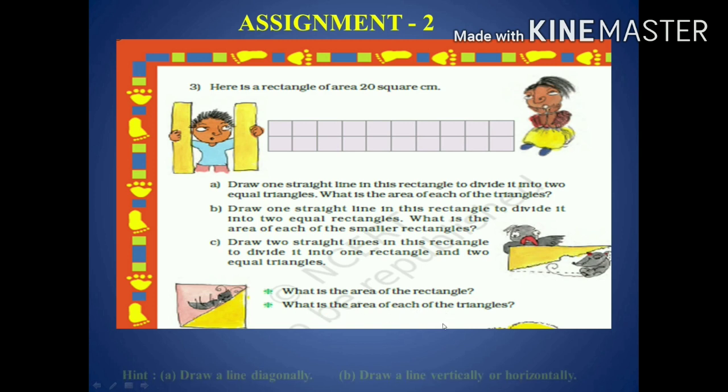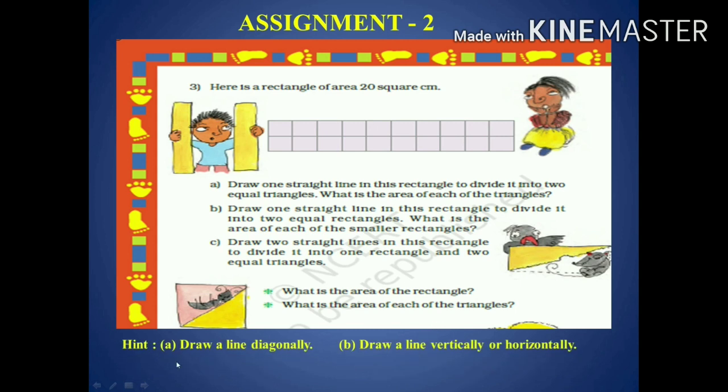For this, I have given you hint. For part A, draw a line diagonally. For part B, draw a line vertically or horizontally. And for part C, draw two lines, one vertically and other diagonally.